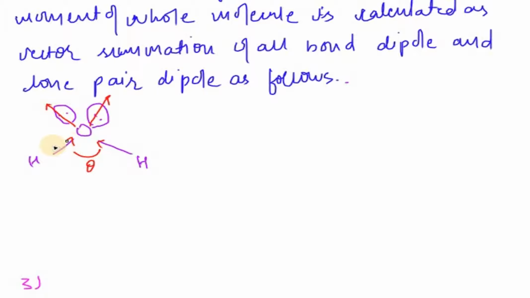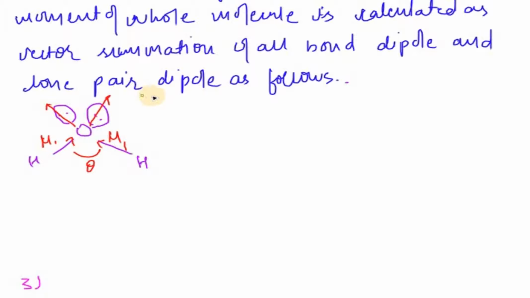Let's say here the dipole moment is mu1 and here the dipole moment is mu2, and mu1 is also the same, because we know how we calculate mu: it is the charge distributed across that particular bond multiplied by the distance. So mu equals q multiplied by d, and it will be the same in both cases.